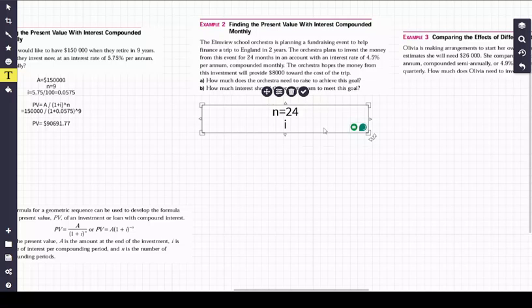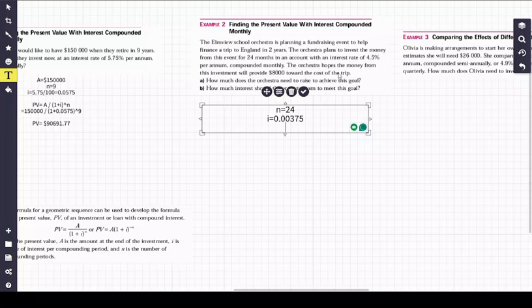So 4.5 divided by 100, which is 0.045, divided by 12. So you're going to have 0.00375. This is going to be your interest rate per month, obviously, and we are assuming it's constant per month. And it compounds at the end of the month.